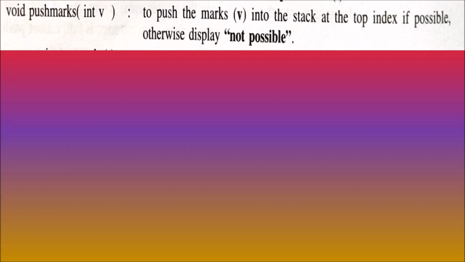Now the next function is pushMark. It pushes the marks into the stack at the top index if possible, otherwise displays not possible. So we can see void pushMarks, int v. First thing is that to insert anything, we have to check whether it is full or not. So we can check if top equals to capacity -1, which is equal to size -1.